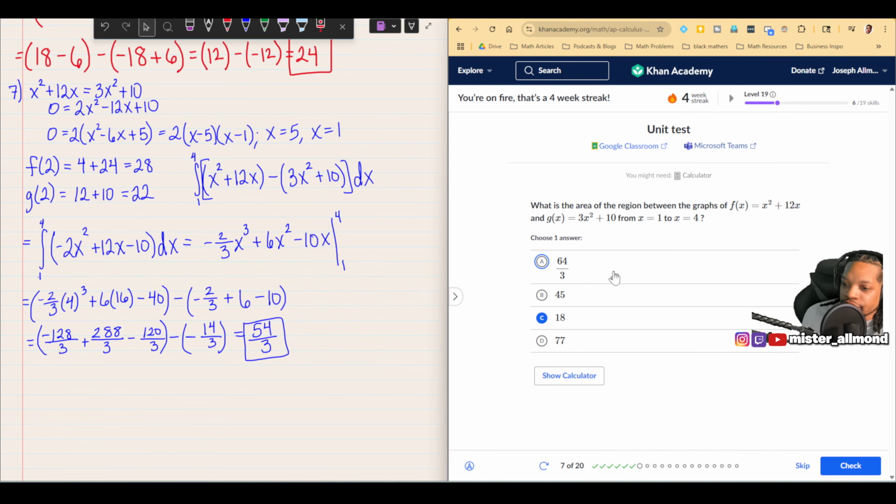Let's go. All right, next question, number 8. Let region R be enclosed by this parabola and the axes in the first quadrant. Region R is the base of a solid whose cross sections perpendicular to the y-axis are squares. Okay, so from just reading that sentence, I know that my bounds have to be y values. So my answer has to be the integral from 0 to 3. I know that.